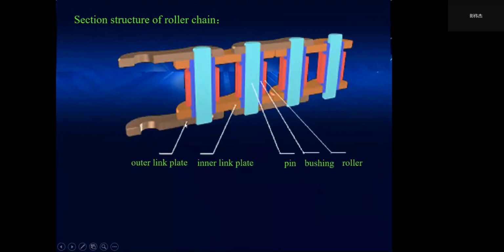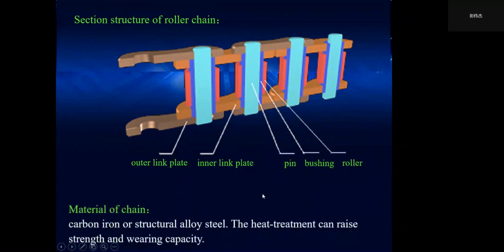For example, this is the outer link plate, and this is the inner link plate. This is the pin, the bushing, and the roller. And this is the second structure of roller chain.